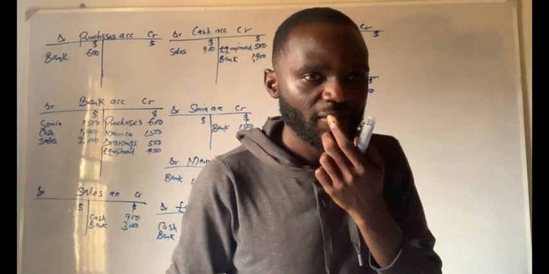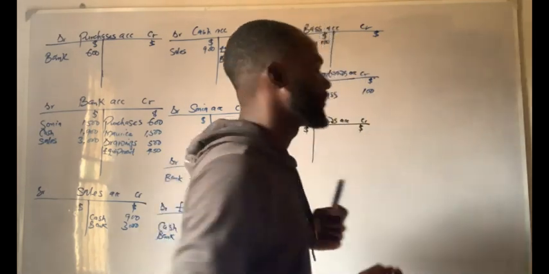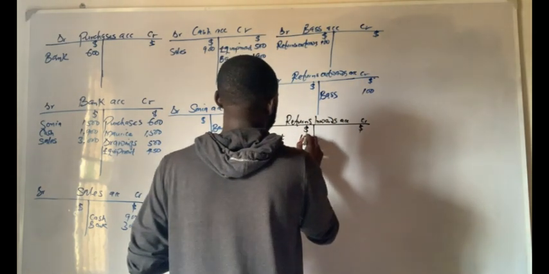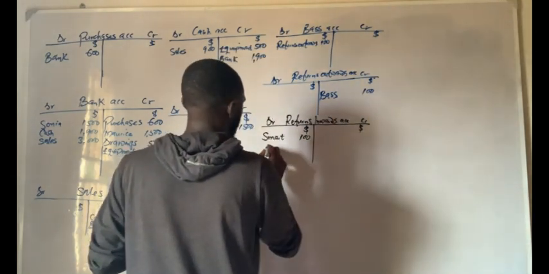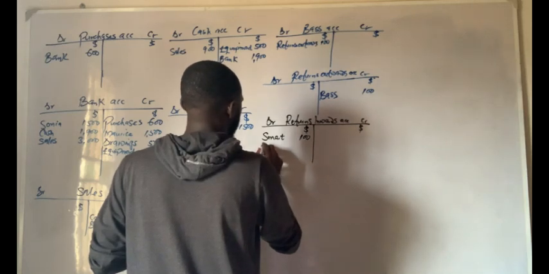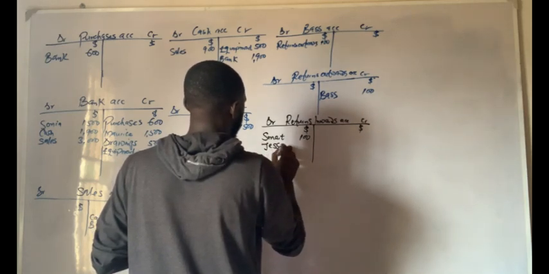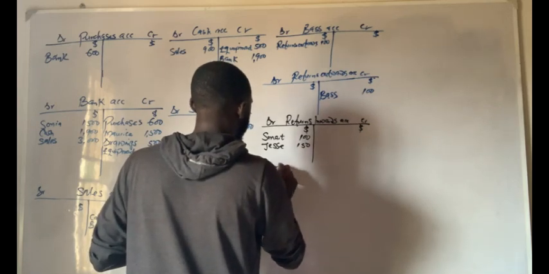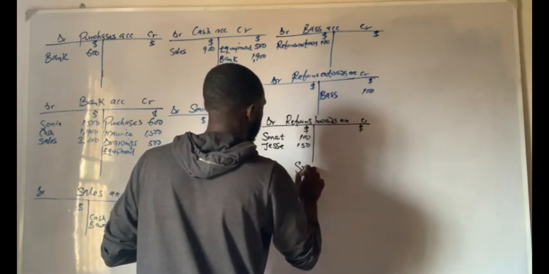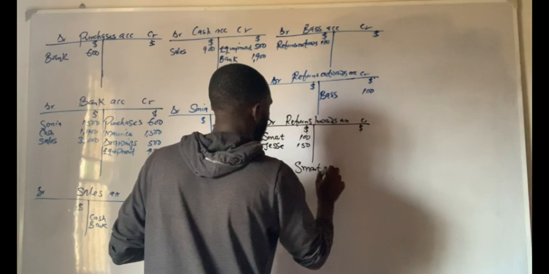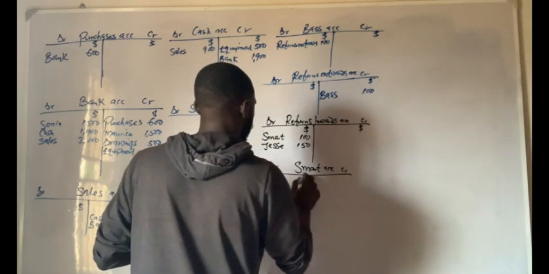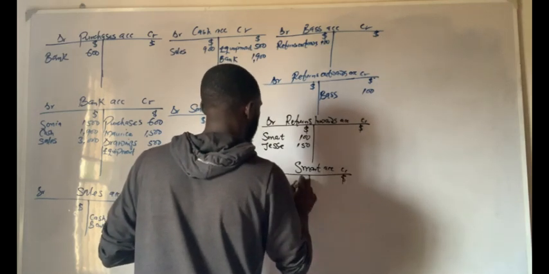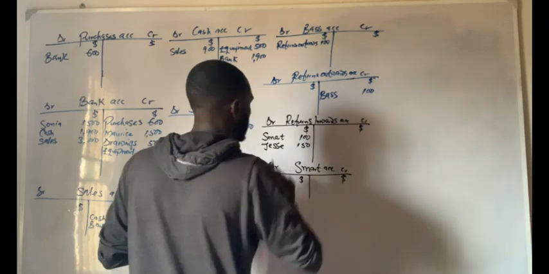If I'm not mistaken, we have one by Smart, $100, and also two, we have JC. We have return from JC, which is 150. Then we'll have debit. We now have Smart account, credit. Smart account, credit. So Smart account credits returns.